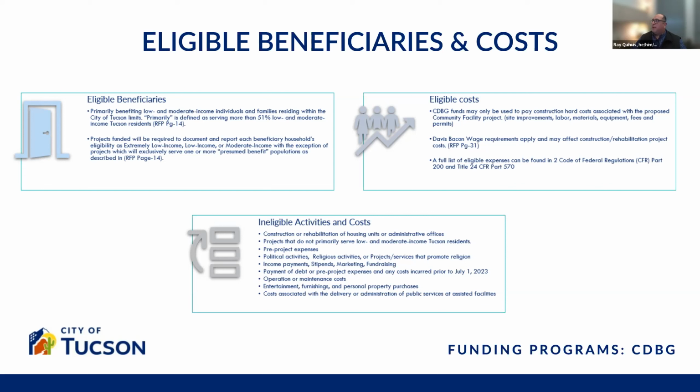Davis-Bacon wage requirements apply and may affect construction or rehabilitation project costs. If you're not familiar with Davis-Bacon, look to page 31 of the RFP. A full list of expenses can be found in 2 CFR Part 200 and 24 CFR Part 570.